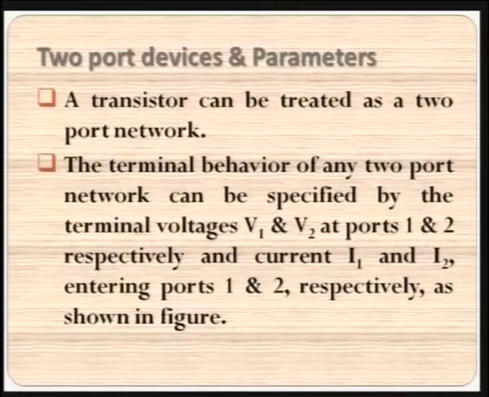First, let us learn the significance of H parameters. In the last lecture, I have introduced the concept of two-port network. The current and voltage from the input side form two variables, and similarly from the output side, the current and voltage form the other two variables. Two are taken as the dependent variables and two are taken as independent variables.